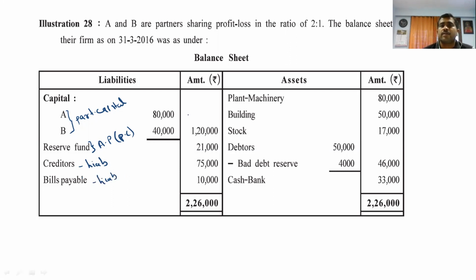Now we are taking the asset side. Plant and machinery, asset. Building, asset. Stock, asset. Debtor, asset. Cash and bank, we have to write in the cash and bank account. So I am writing here balance brought forward.